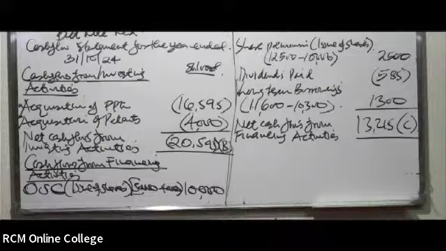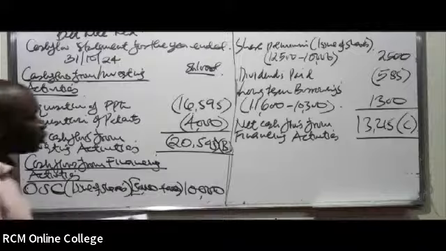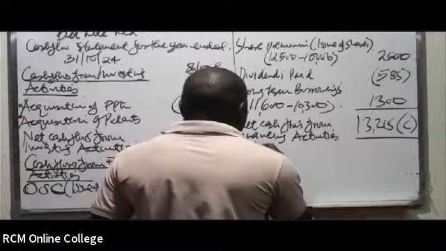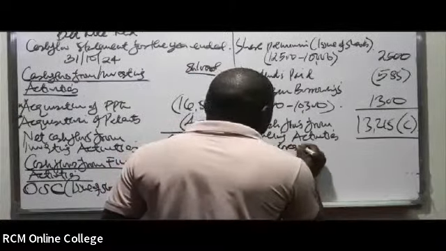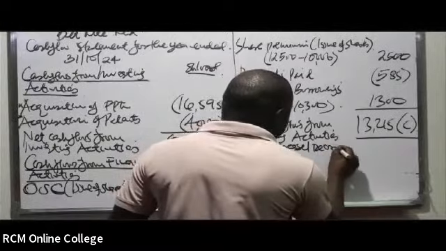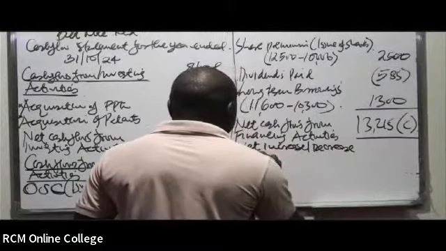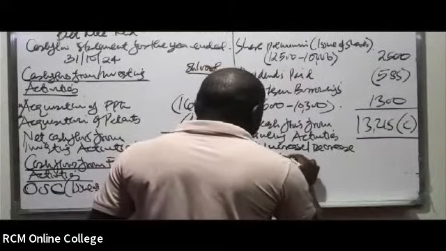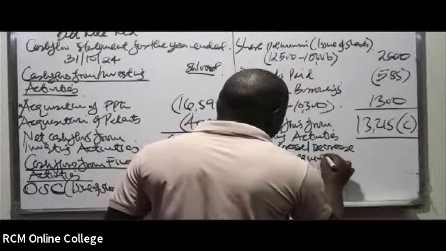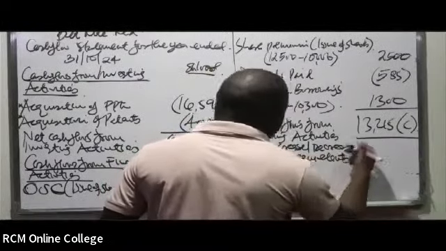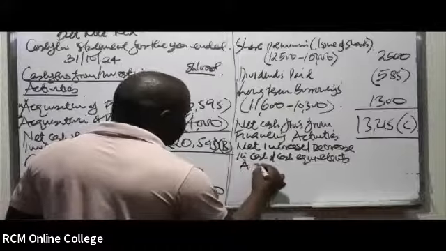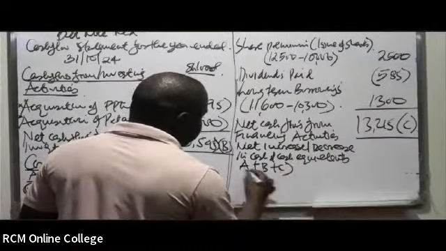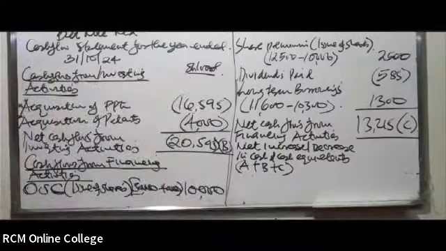So in this case, we can get the net increase or decrease in cash and cash equivalents. You add the three, so that means A plus B plus C. What are you getting as the net increase or decrease in cash and cash equivalents?